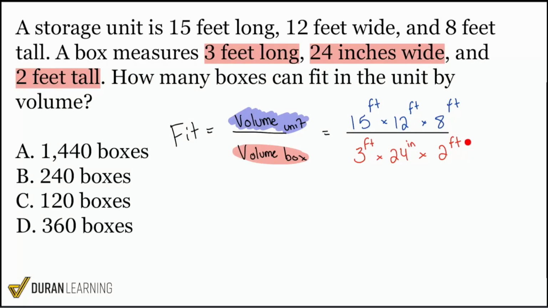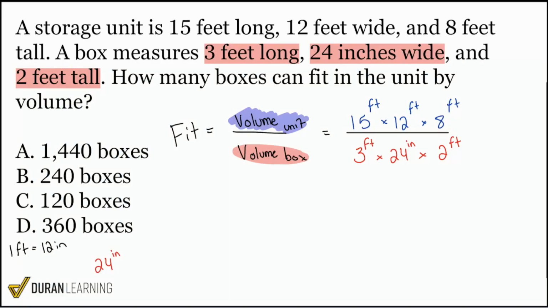That's a big problem. If we are going to be dividing these volumes, we have got to be dividing the same unit. And so we don't want to convert everything into inches. We want to convert the 24 inches into feet. That's what we are going to do because that's the easiest way to proceed. Everyone, we have 12 inches in every foot.